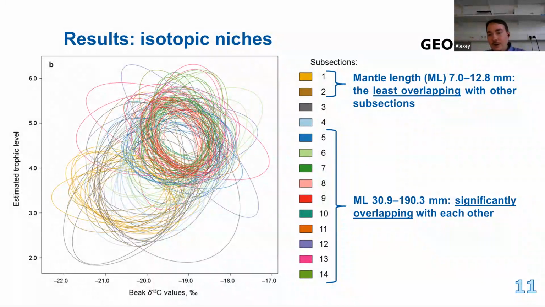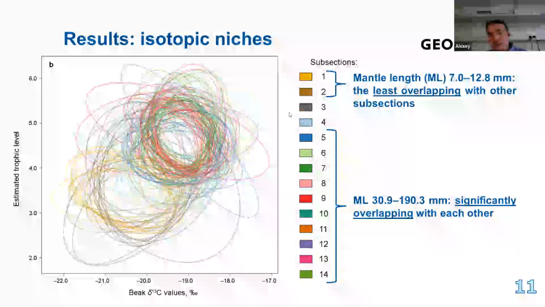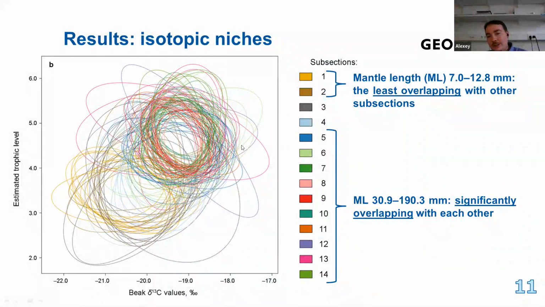And that is how we can back calculate the size of the individual which it potentially had when the beak was the size of the subsections. Then we also know the smallest squids of these particular sizes are the most different, and as they grow, they all live in the same place and more or less eat the same food.